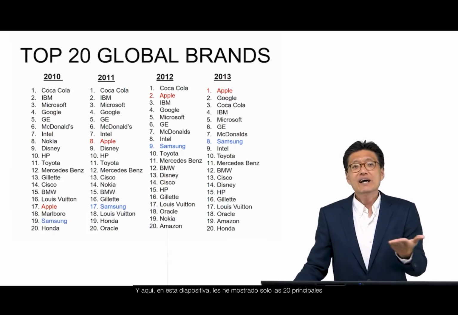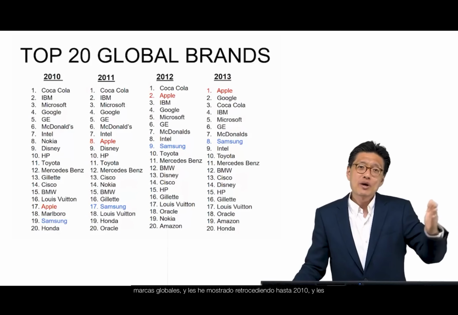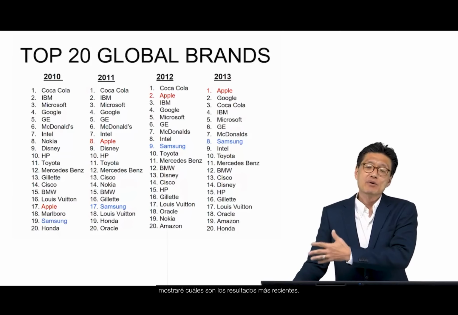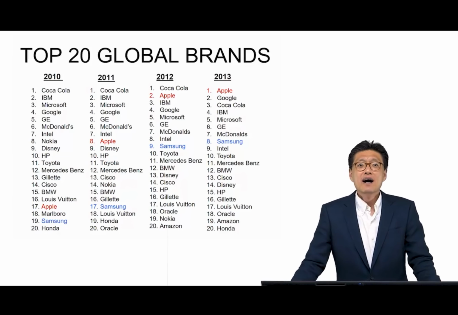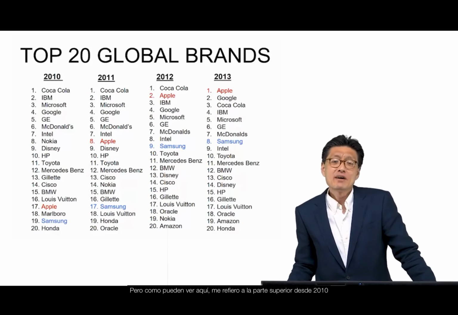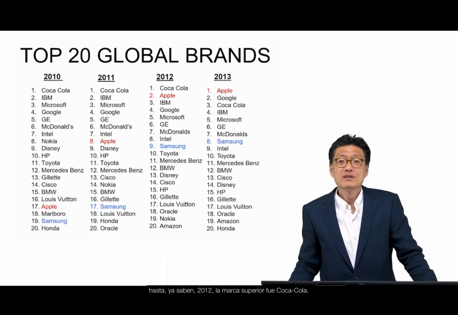And here in this slide, I've shown you just the top 20 global brands, going back to 2010. And I'll show you what the most recent results are. But as you can see here, from 2010 all the way to 2012, the top brand was Coca-Cola, was Coke.